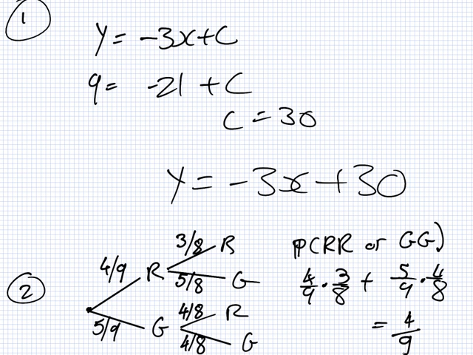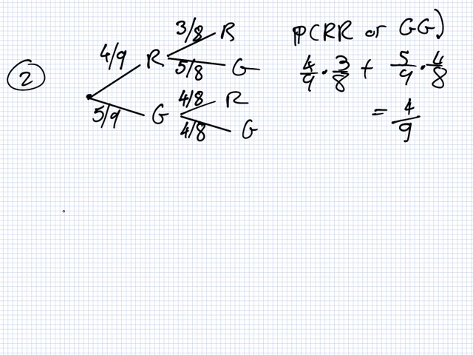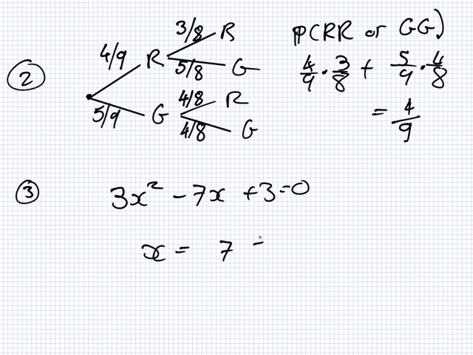Okay. Good. Right, let's have a look at number 3 now. I should change this into 3x squared minus 7x plus 3. And my formula is minus b plus or minus the square root of b squared minus 4ac all over 2a.